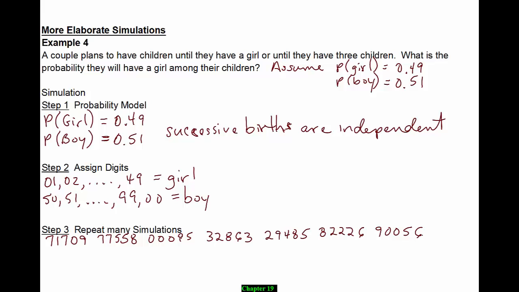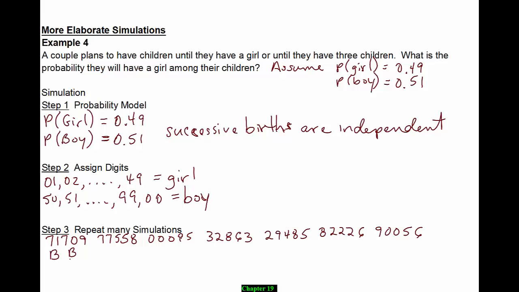The first 2-digit code is a 71, and according to our step 2 assignment of digits, that falls in the range of the codes that denote a boy. So that means a boy is born. The next 2-digit code is a 70, so that means another boy is born. And in this birthing plan, they stop when they have a girl or when they have 3 children.